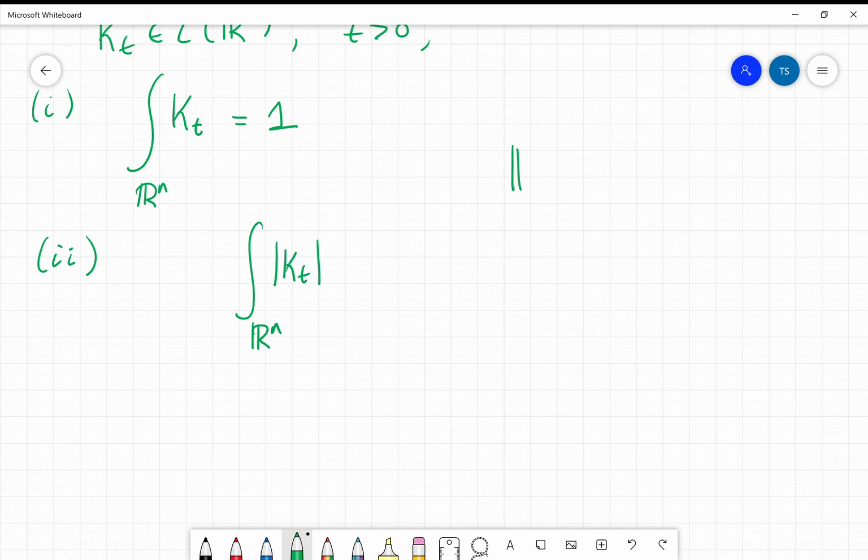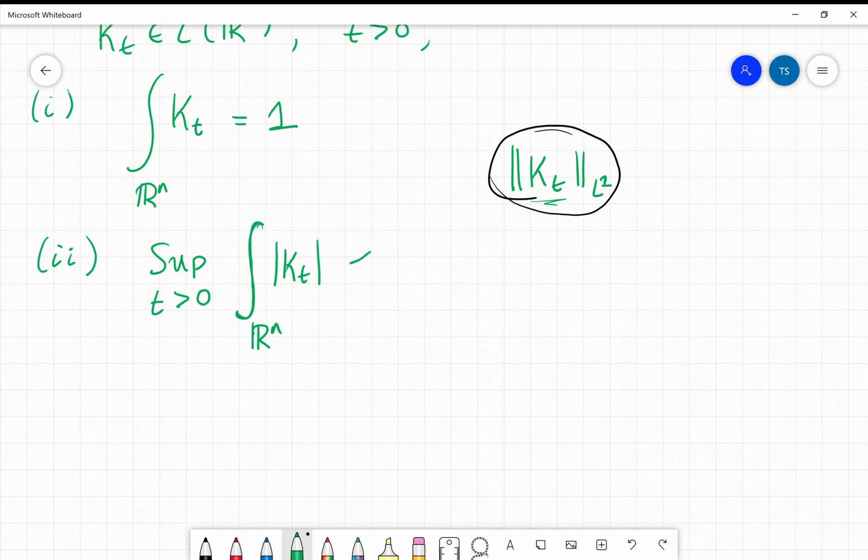Of course, for every t this is finite. However, it could potentially go off to infinity, and we don't want that. So we need this to be uniformly bounded. What we require is that the sup over all t greater than 0 of the L1 norm of k sub t is finite.